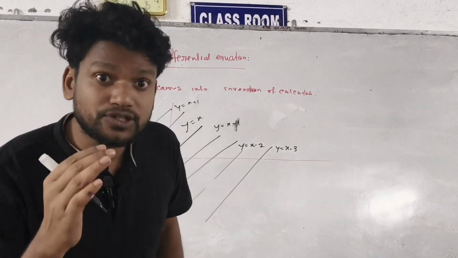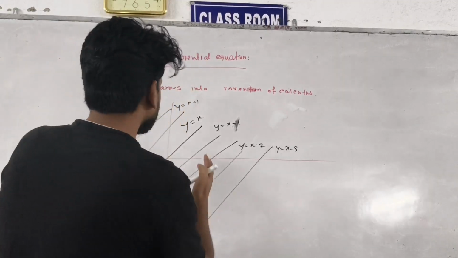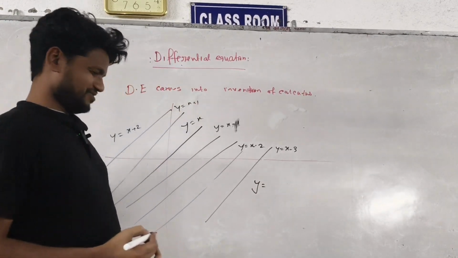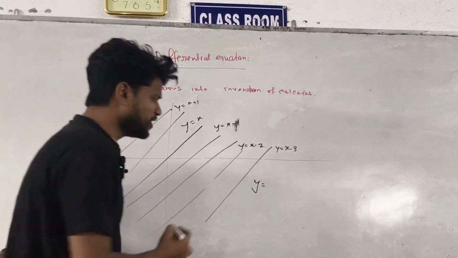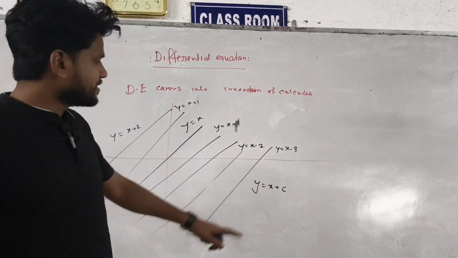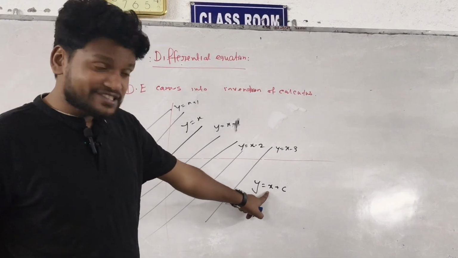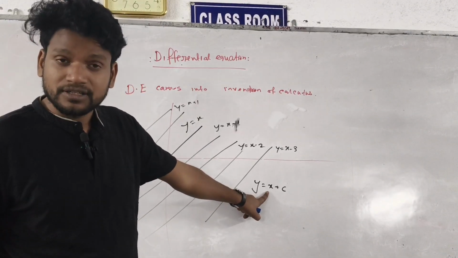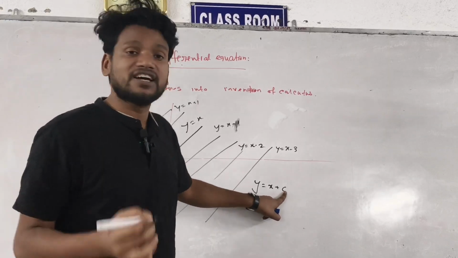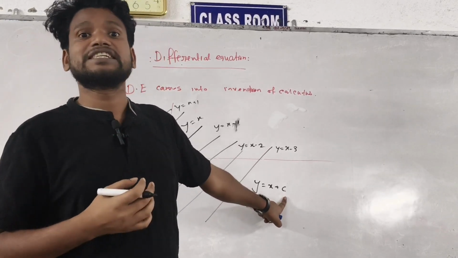Now I want to write all the straight lines in a compact form. This is y equals x plus c. Here the slope of this straight line is 1, and c is the intercept of this straight line.